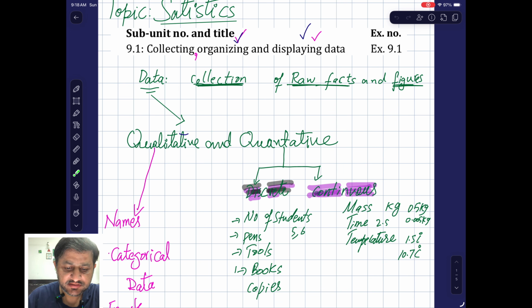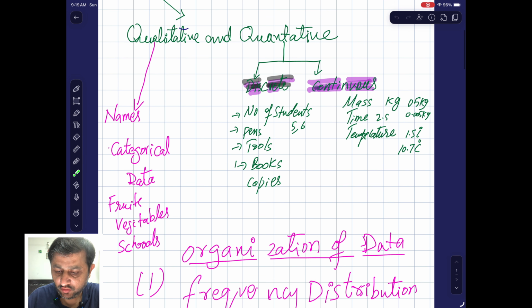So let's discuss the type of data we have, and what is data actually. Data is the collection of raw facts and figures. So there are two types of data. Mainly we have qualitative data and quantitative data.